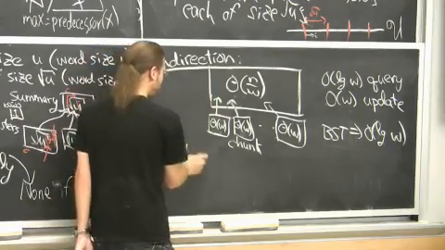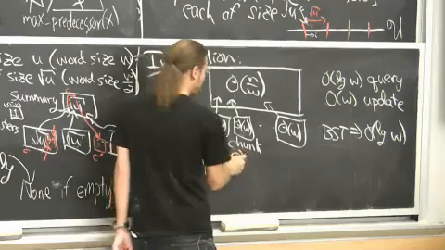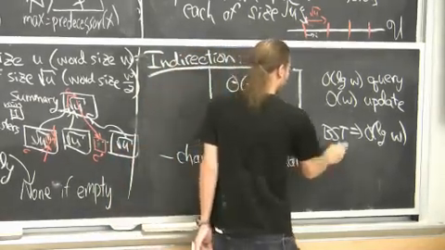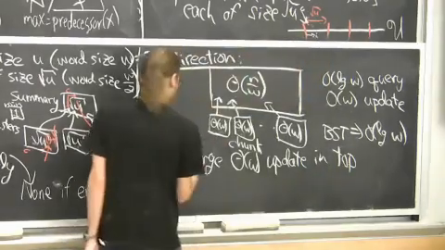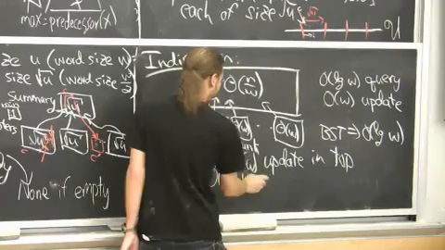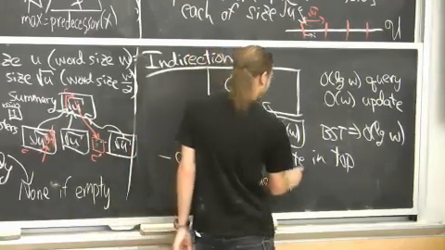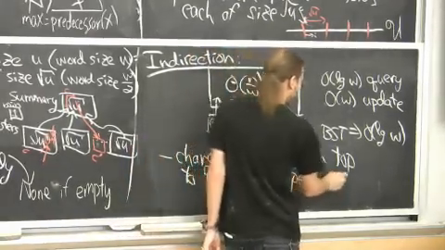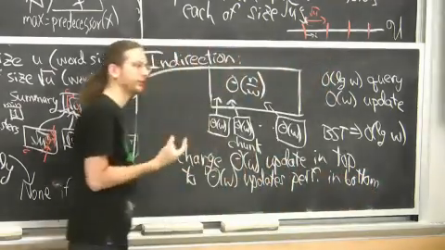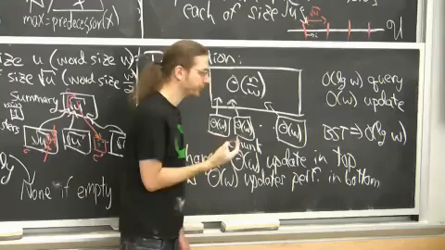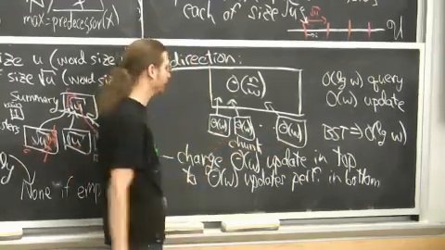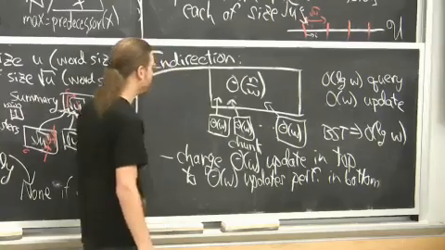So we can charge the order W update cost in the top to the order W updates that have actually been performed in the bottom. Because when somebody gets split, it's nice in its average state, or when it gets merged, it's going to be close to its average state. You have to do a lot of insertions or deletions to get it out of whack and cause a split or a merge. So, boom.